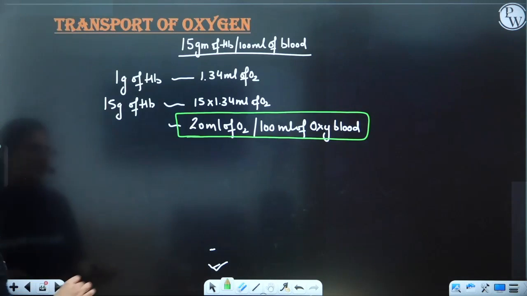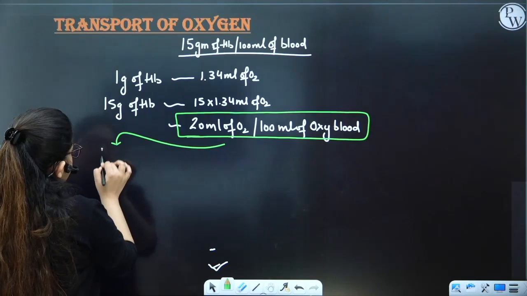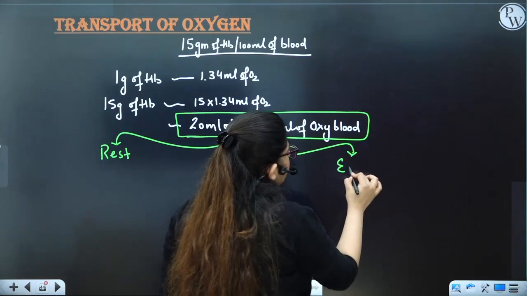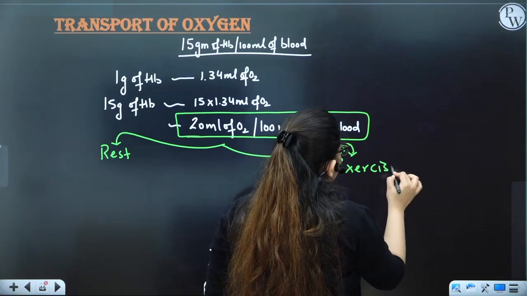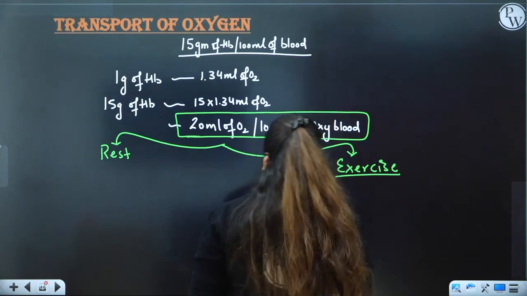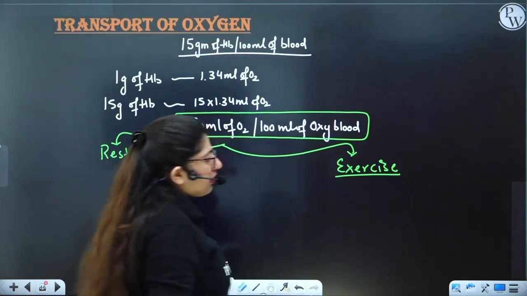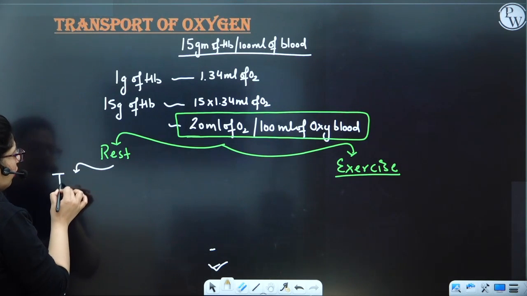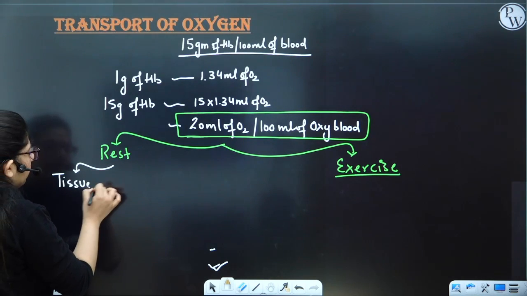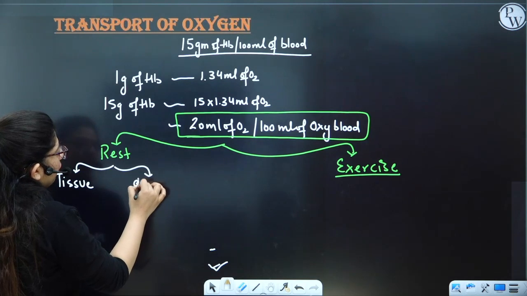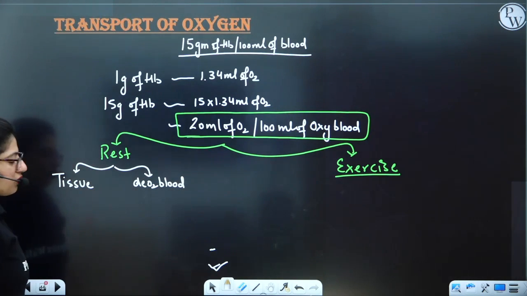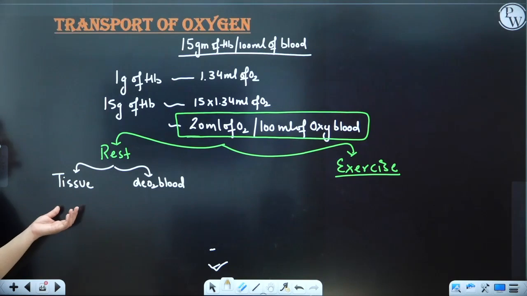All right, so if I say the person is at rest, and another scenario is the person doing some exercise, both will be different scenarios. When a person is at rest, they will not use a lot of oxygen. At that time, tissues are not doing anything.